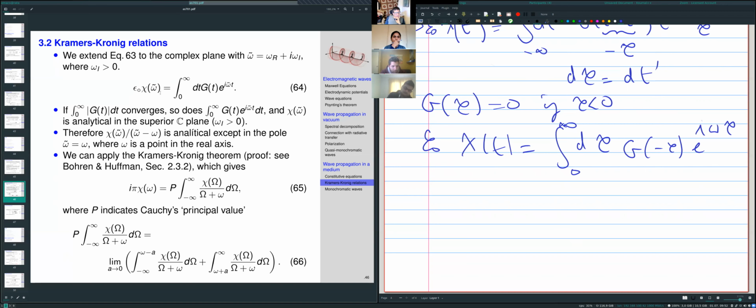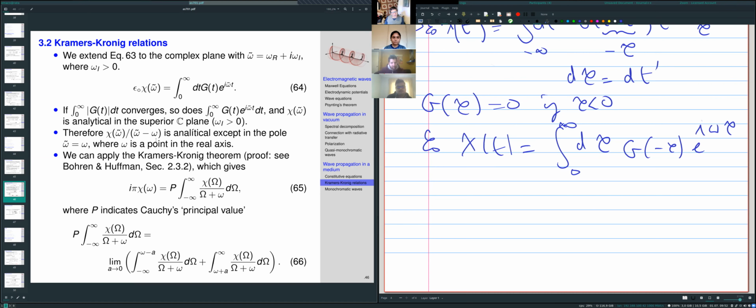We'll apply it to this function chi of omega in the complex plane, and we're imagining a complex frequency, but it's just a mathematical construction, and we divide it by omega minus a point on the real axis.